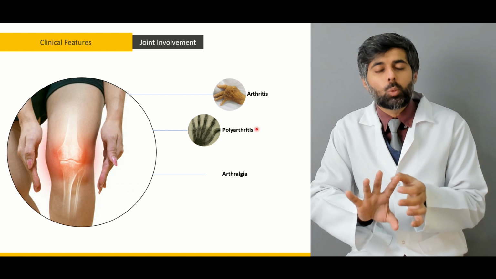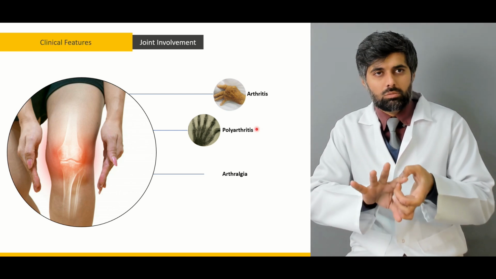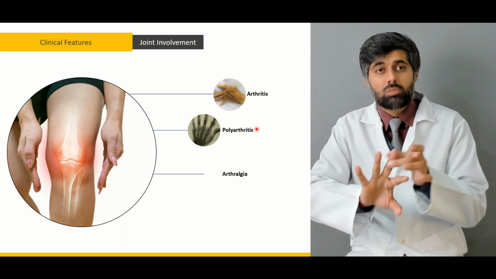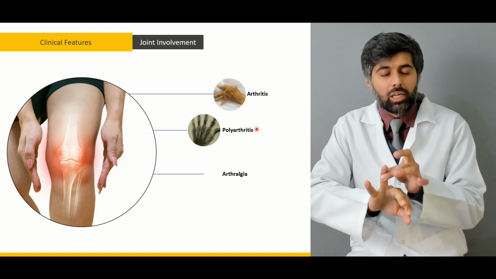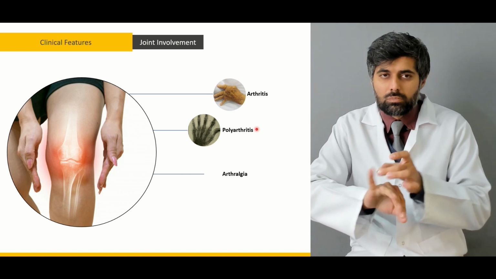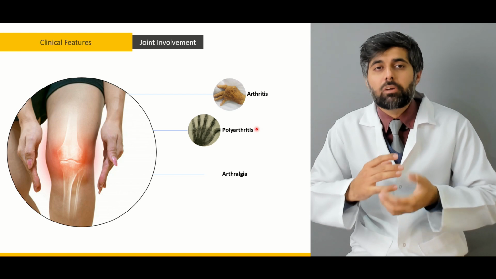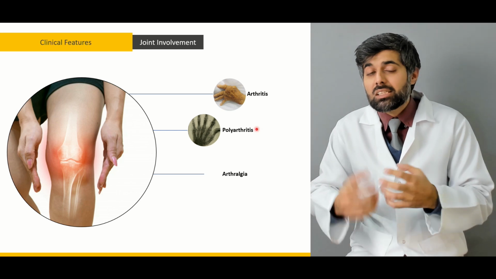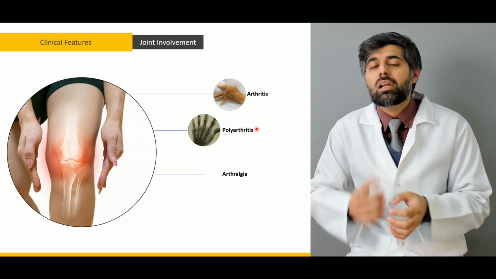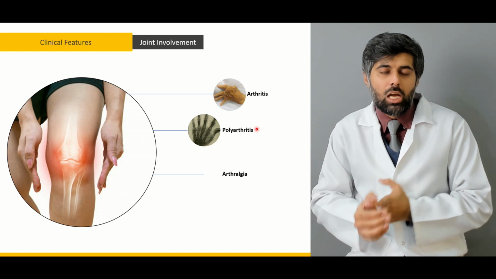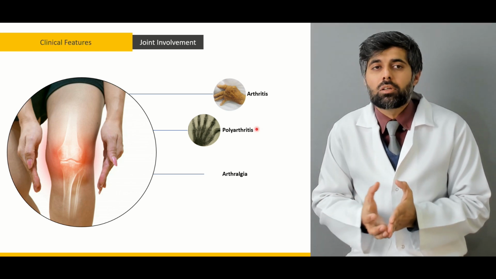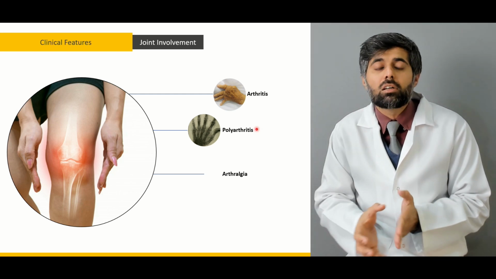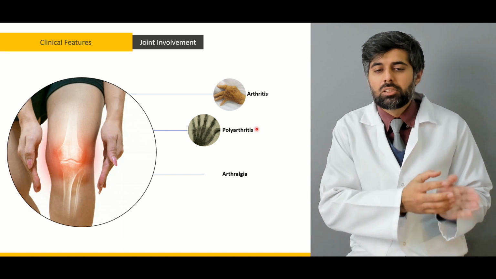It will move between the fingers, let's say, inflame this finger, the index one, then the middle one, then the ring, and then the little one. So it will have a migratory pattern. Even though it will still be a polyarthritis, affecting multiple joints, it will have a migratory nature to it. And because of this migratory nature, this characteristic is pathognomonic and characteristic of rheumatic heart disease.